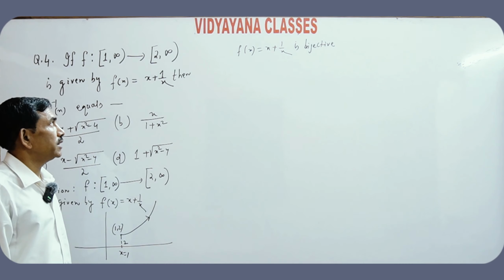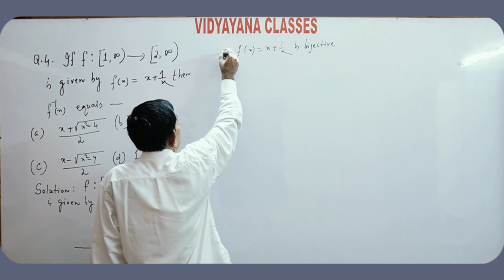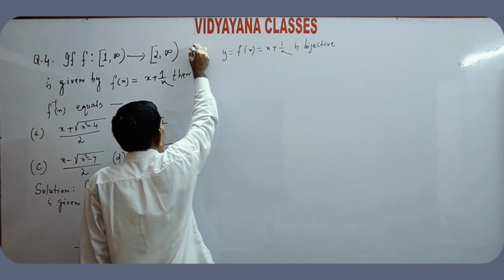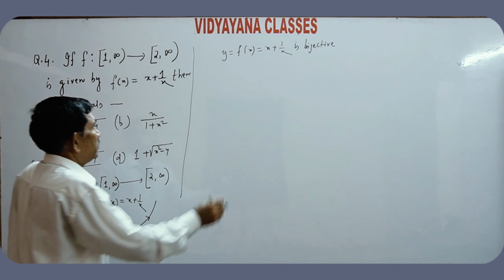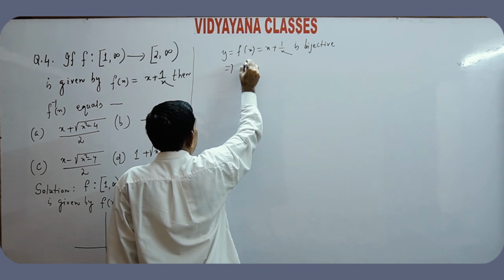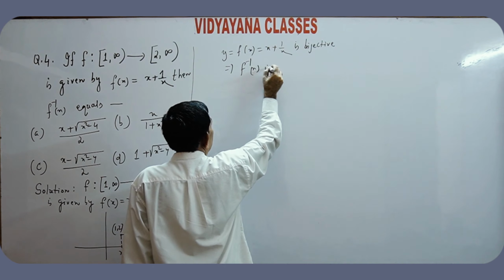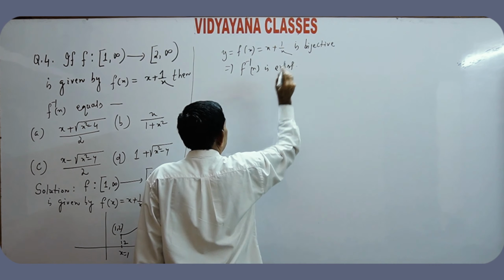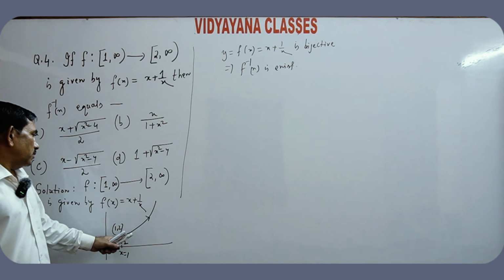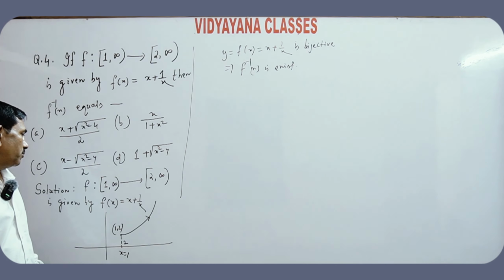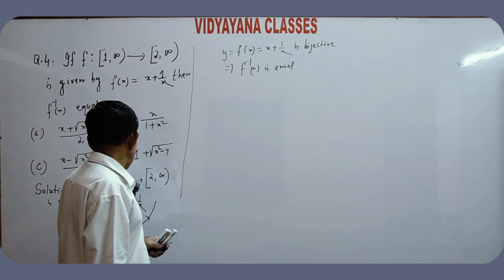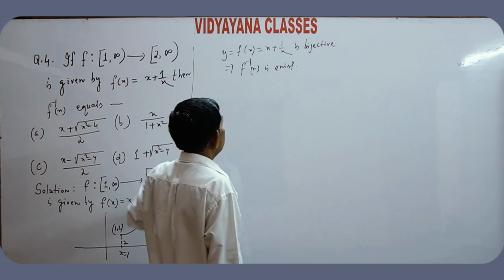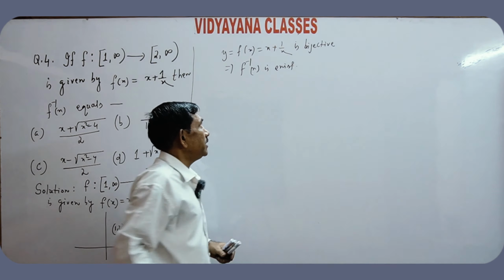That means the inverse exists. Taking f(x) as y, we have to find the inverse of the function, which implies f inverse x exists since the function is bijective. The graph shows the function is monotonically increasing. At x equal to 1, y is equal to 2. The minimum value of the function is 2 in this interval. f inverse x exists.